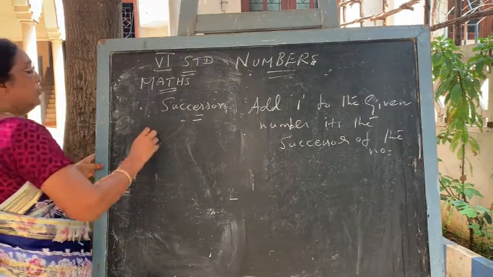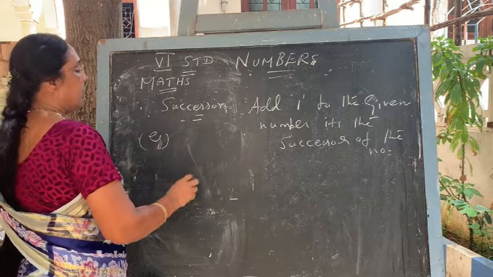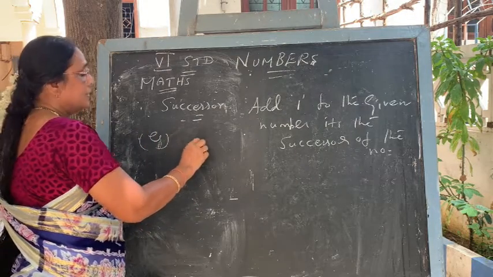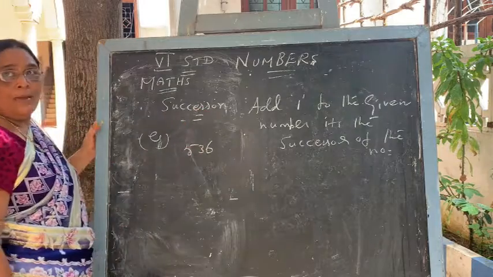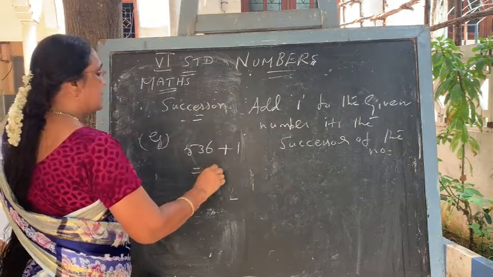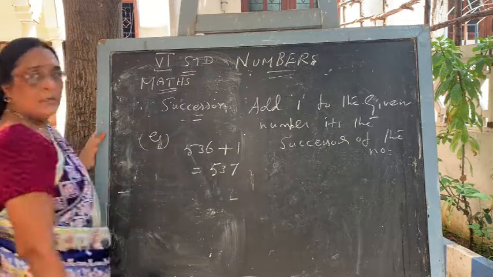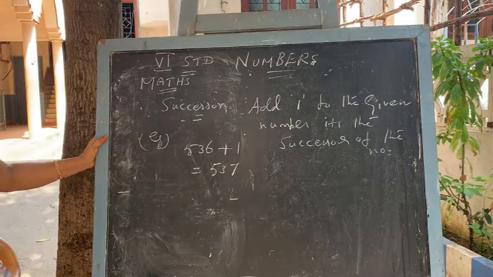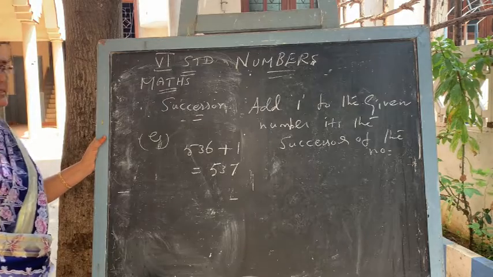For example, if we take 536 and add 1 to this, we will get 537. This is the successor of the number 536.